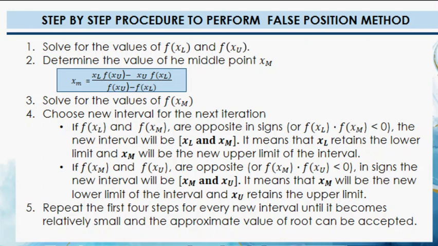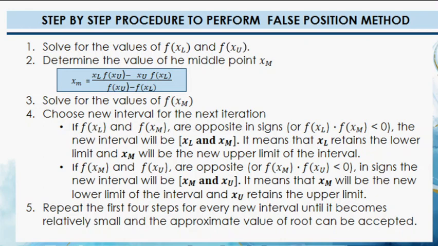So, yung product ng f of x sub L, f of x sub m, or f of x sub m and f of x sub u, yung product ng mga yun is less than 0. So, choose the new interval for the next iteration if f of x sub L and f of x sub m are opposite in sign, or f of x sub L multiplied by f of x sub m is less than 0.